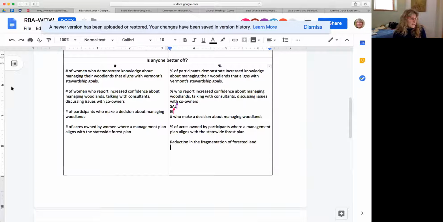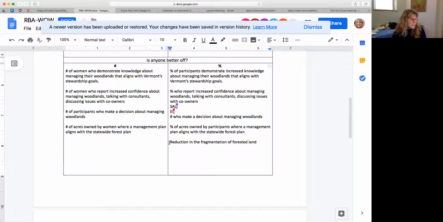There's the percentage who report increased confidence about managing their woodlands, and that would include things like talking with consultants, discussing issues with co-owners, those kinds of issues. The big thing is making a decision about their woodlands: the percentage and number who make a decision about their woodlands. And then acres owned by participants where a management plan aligns with the statewide forest plan.